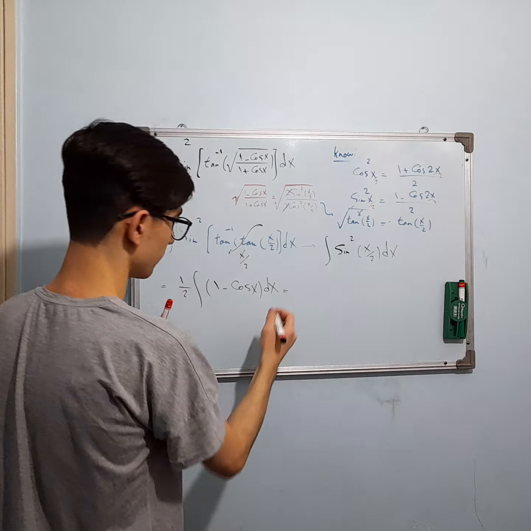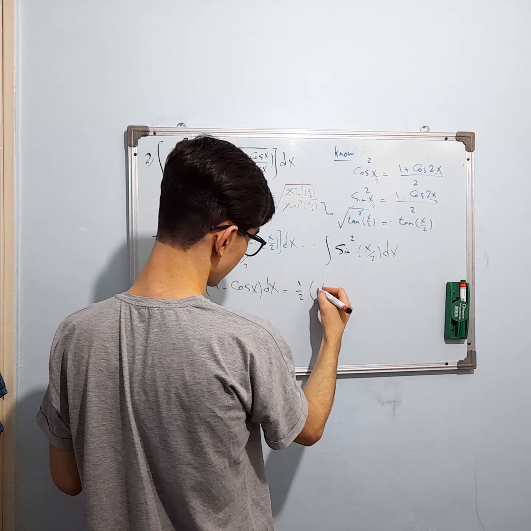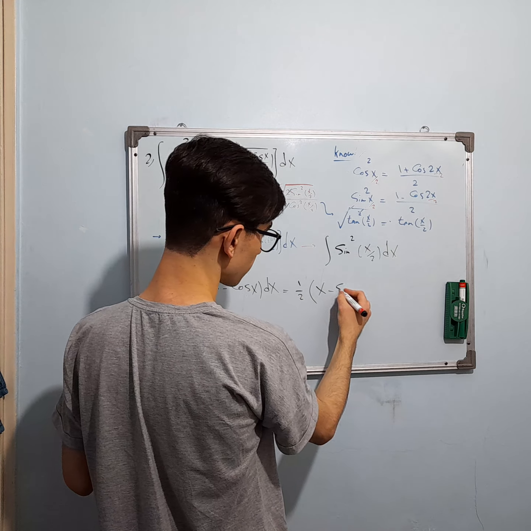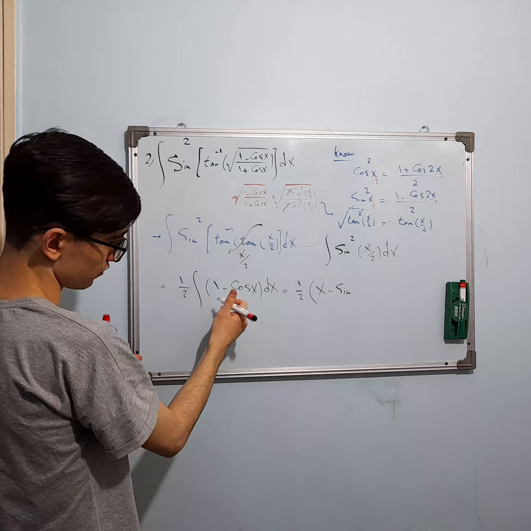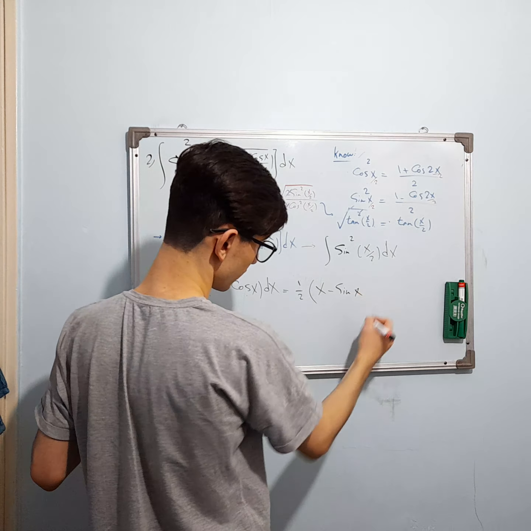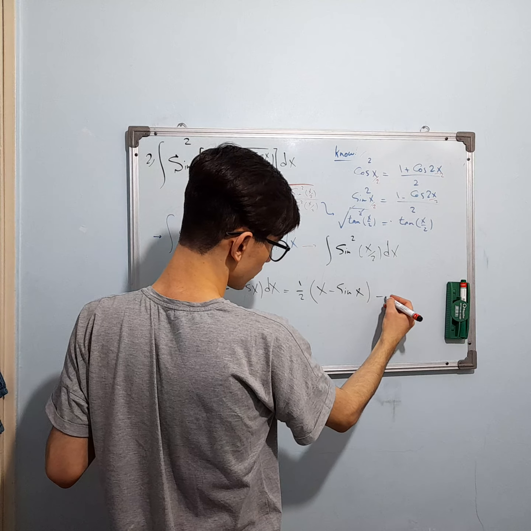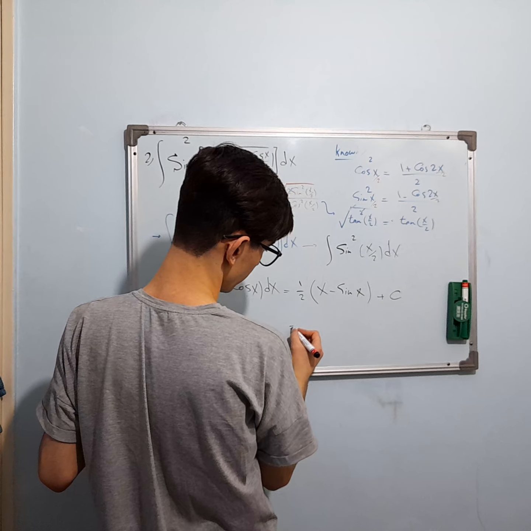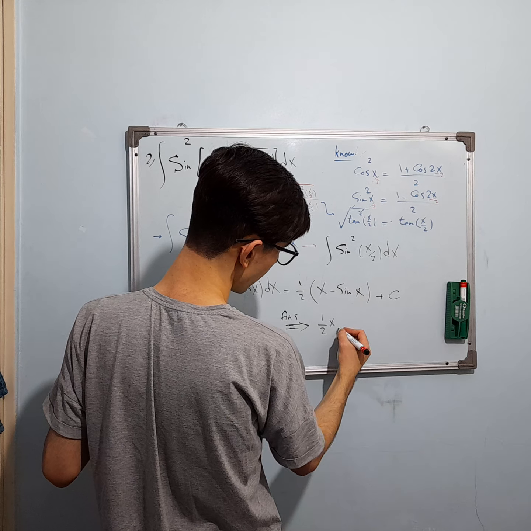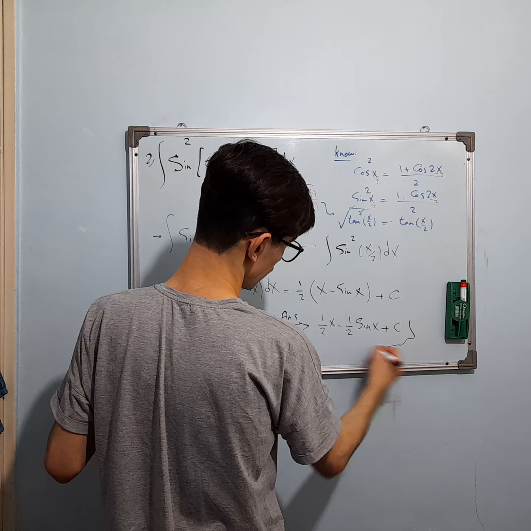Now 1 over 2 parentheses, the integral of 1 dx is x, and the integral of cosine x is sine x, with the negative. The derivative of cosine x is negative sine x, you know it. And finally plus c. So the answer is 1/2 x minus 1/2 sine x plus c.